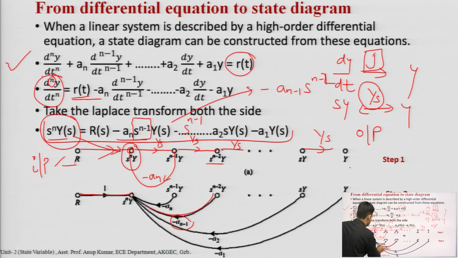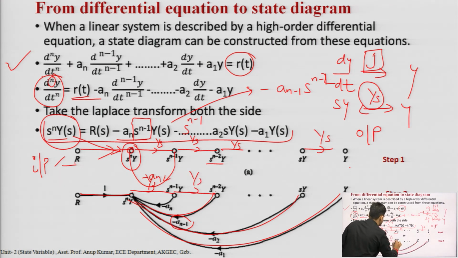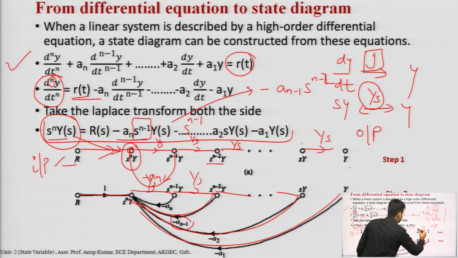So it will come like this. Similarly minus a_2, similarly minus a_1, and I will complete them with integrators. This will complete the diagram. Now, how to model the state variables? I will start here: this gives me x1 dot, this gives me x2 dot, then x3 dot.